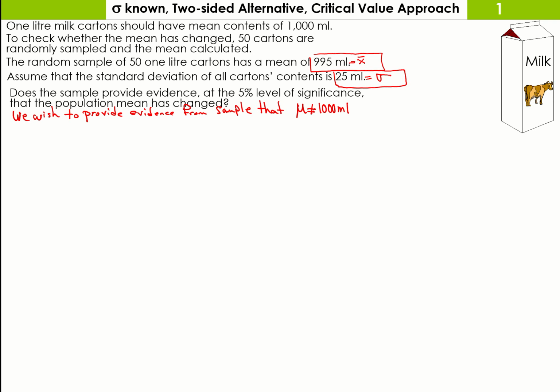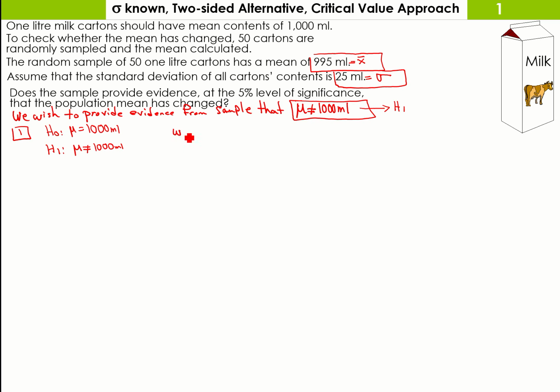So actually we would like to show that mu is not equal to 1000 milliliters. So it is our alternative hypothesis here. So we define the alternative hypothesis as mu not equal to 1000 milliliters. So the null hypothesis is mu equal to 1000 milliliters.